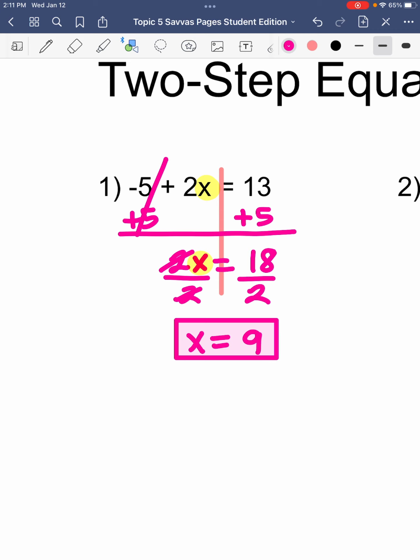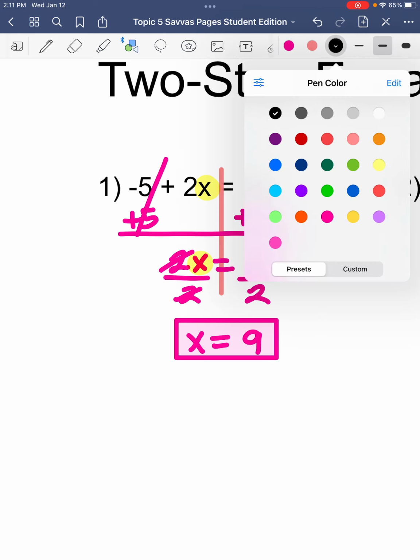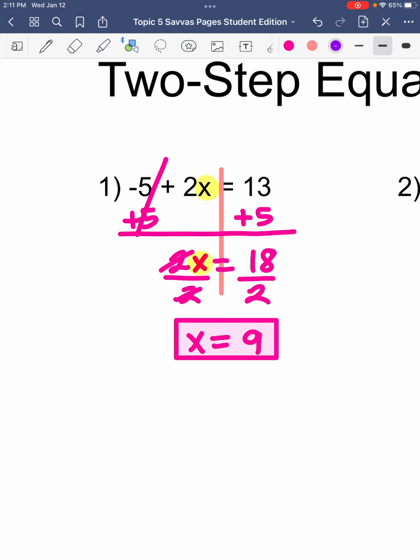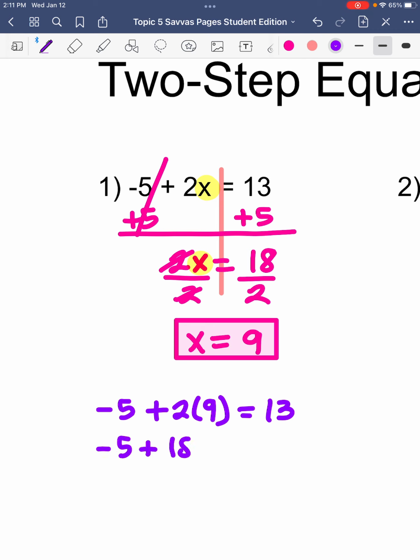Now I can still plug that in to check my answer. So I'm going to do that right here. We have -5 plus 2 times 9 equals 13. Well, we know that 2 times 9 is 18, so I have -5 plus 18 equals 13.